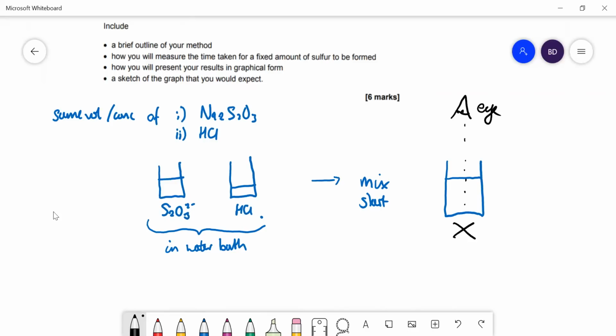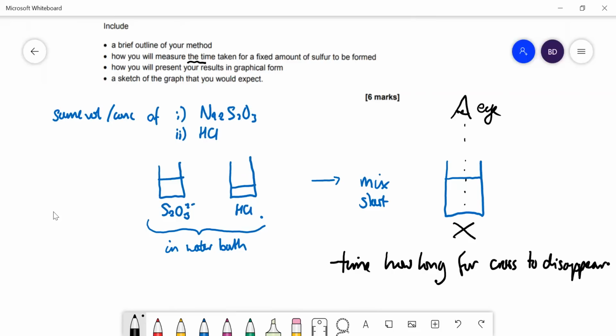Now, how do you measure the time taken? So we're going to time how long for the cross to disappear, so you can't see it anymore because of the cloudiness of the sulfur being produced in there. It's a solid.